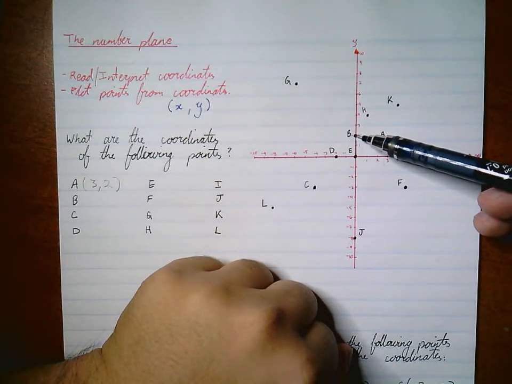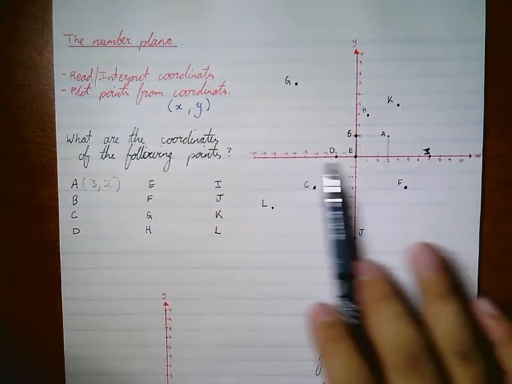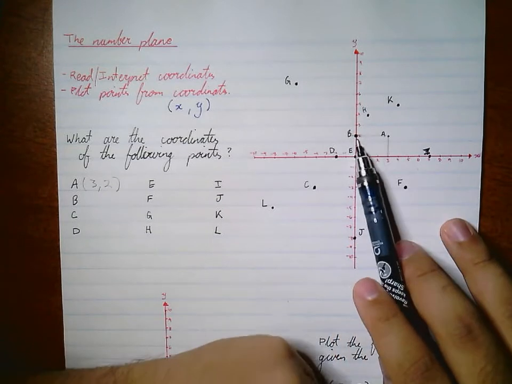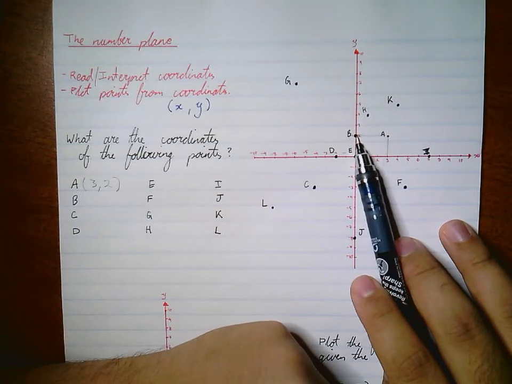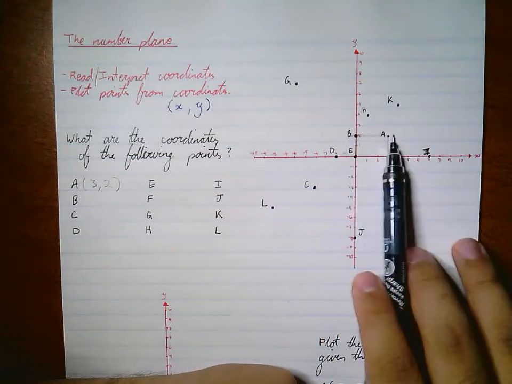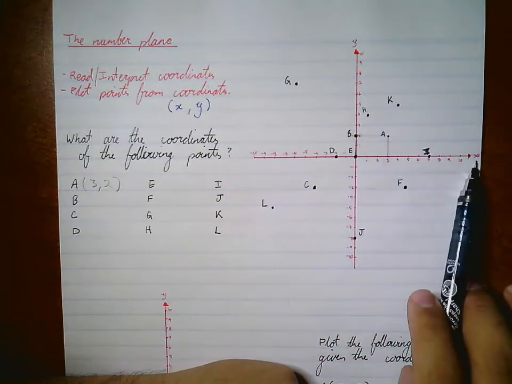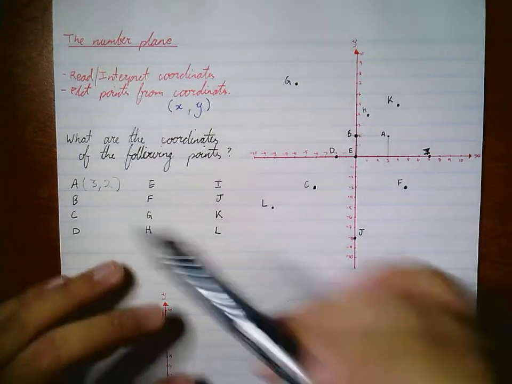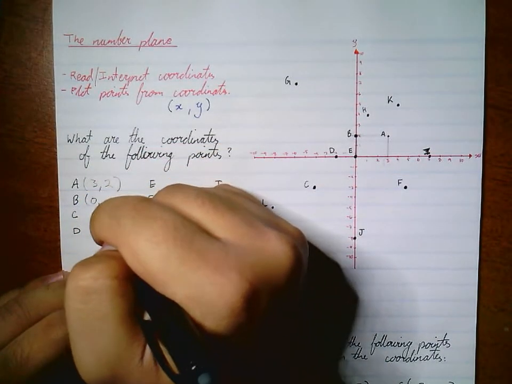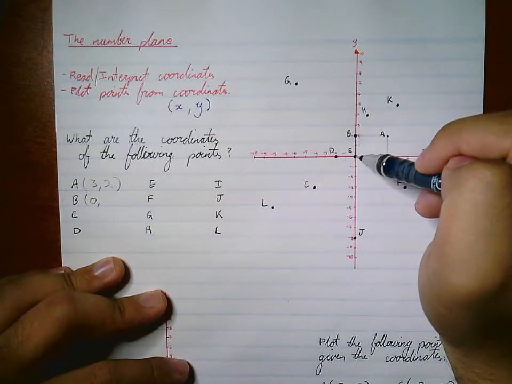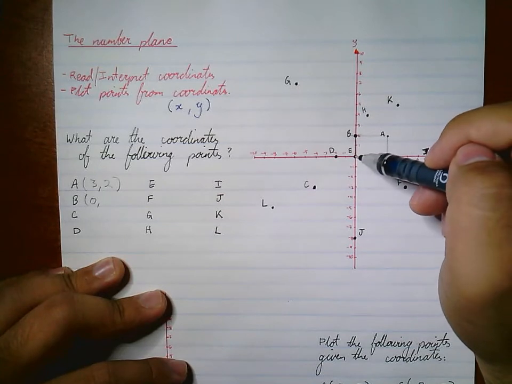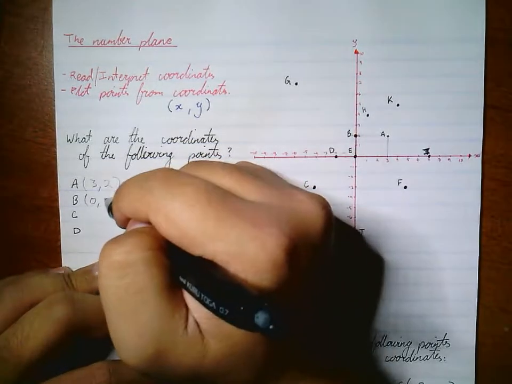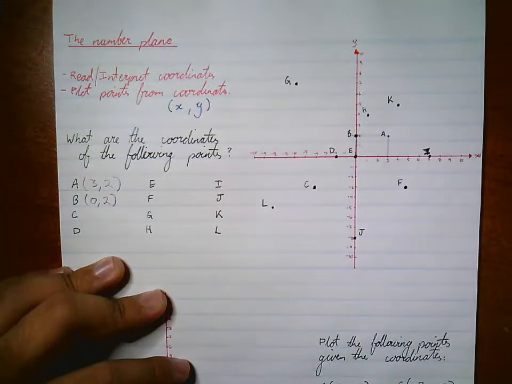So we have 0, 2 or 2, 0, but since it's the x coordinate first, what is the x coordinate of point B? Since B hasn't moved left or right, its x coordinate is 0, and its y coordinate, up and down, has moved twice up, so that is 2.